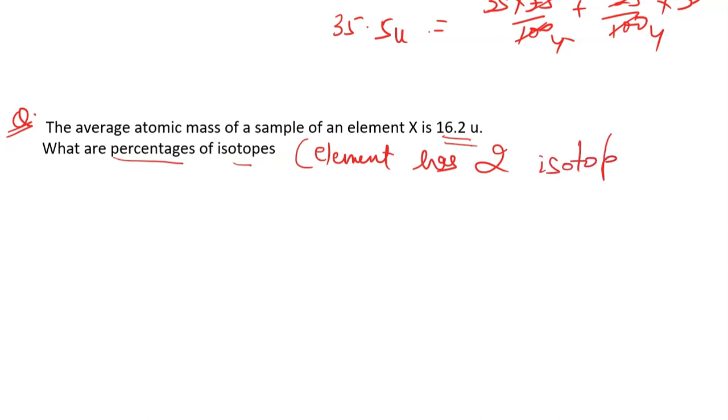Even if it is not given, we will take two only, else it's difficult for us to find with three isotopes. The average atomic mass of a sample of element X is 16.2. So let us say the element has two isotopes. One isotope's percentage present is x percent, so the other will be 100 minus x percent.